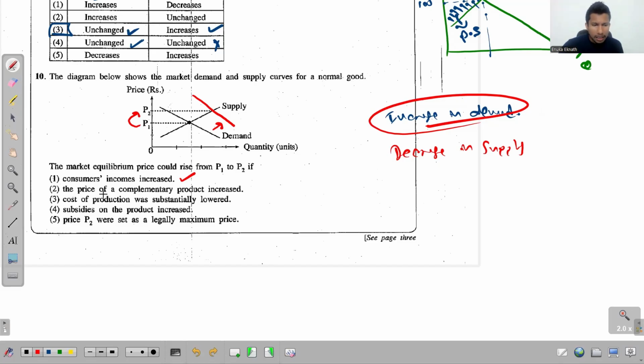Second one, the price of the complementary product increased. So when the price of the complementary good increases, what happens to the demand? It influences demand definitely. Demand will decrease, not increase. The demand of the considered good will decrease.